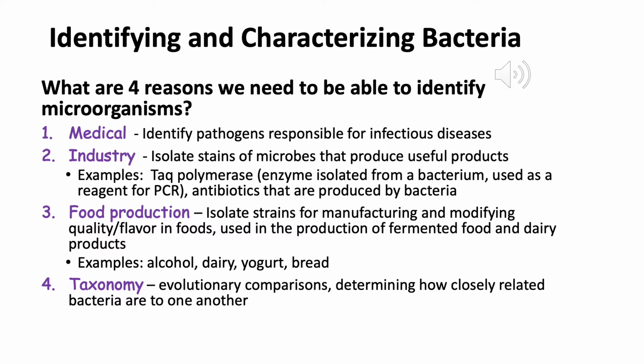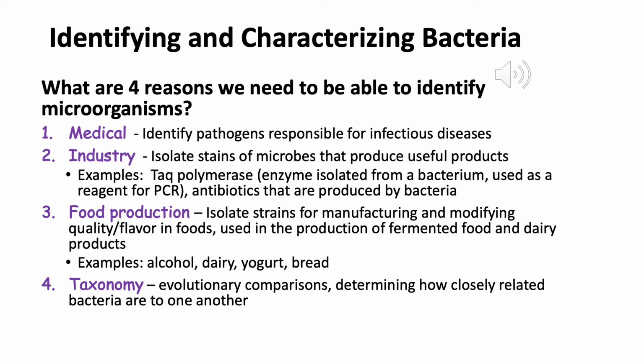Now, PCR reactions you might have heard about a lot lately because it's the test that's used to diagnose COVID. But it's a very common enzyme used in biotech because it's used for PCR reactions, and it was isolated from a bacterium. And then another example are antibiotics that are produced by bacteria and isolated from bacteria.